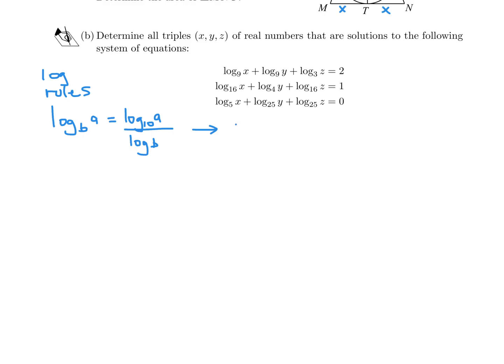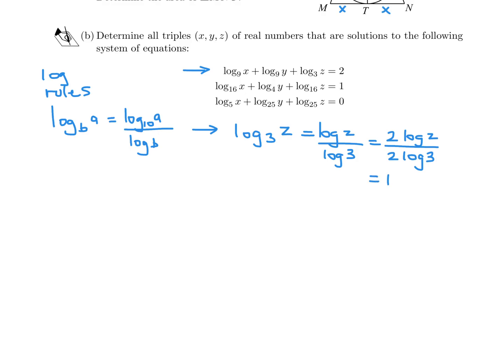we will try to modify these guys. So the first one is the log of z to the base 3. That would be the same as the log of z over the log of 3. Both to the base 10, but we don't write in the 10. We don't need to. And then if I put a 2 out front, obviously for both top and bottom, using log rules again, this one would become the log of z squared, because you can do that.